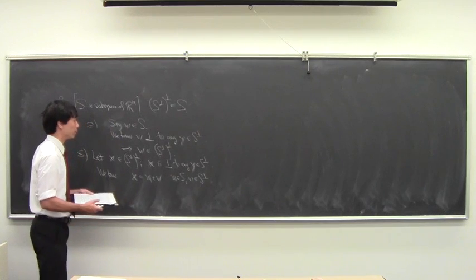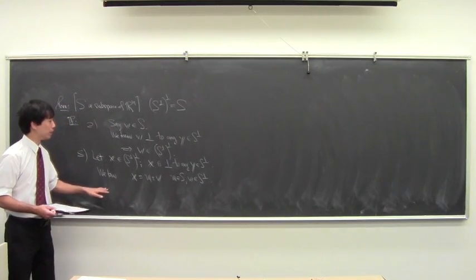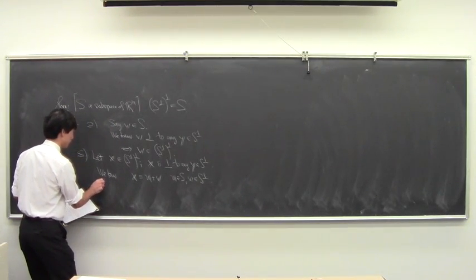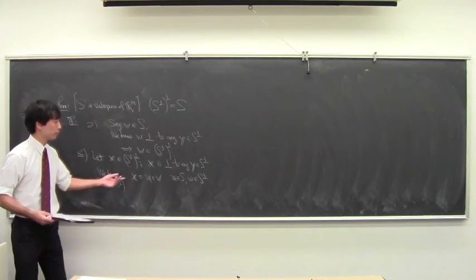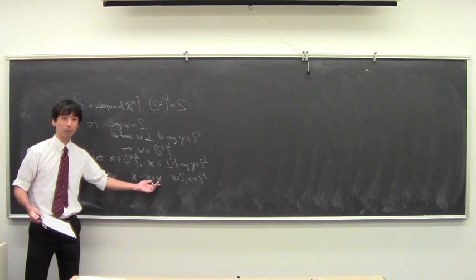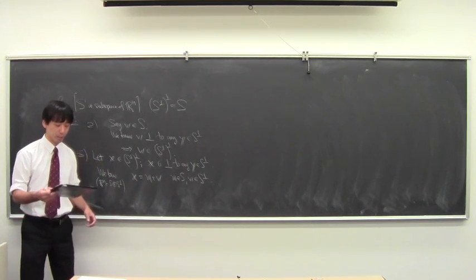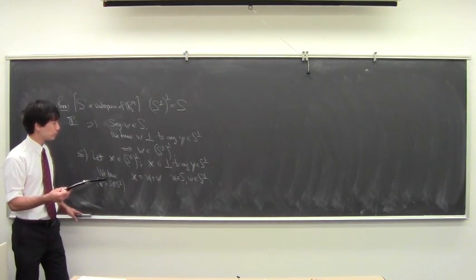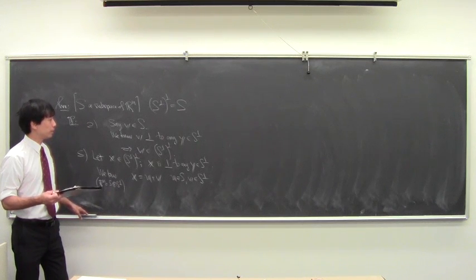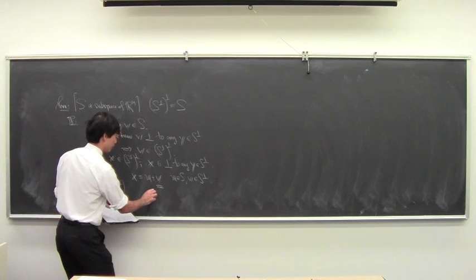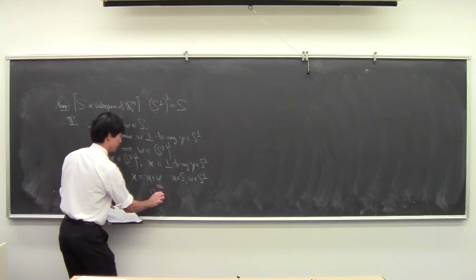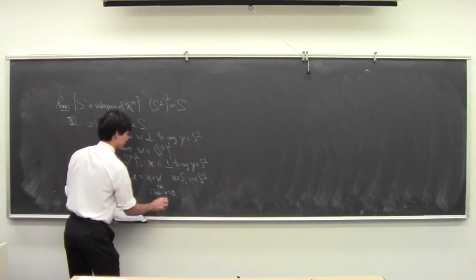By the previous statement, since Rn is S direct sum S perp, we can express X as a sum of somebody in S and somebody in S perp. So we're hoping, here's the claim, that V must be 0.